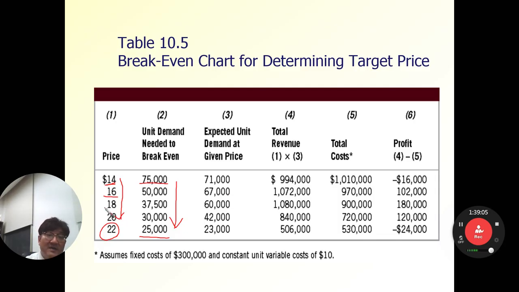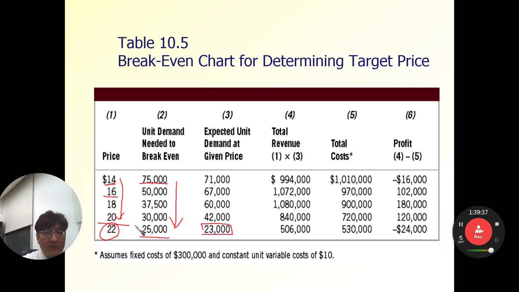When we increase the price to $22, the demand further decreases to 23,000. The break-even point is smaller at 25, however the demand decreases even further, so it becomes even smaller than the break-even point, which means we cannot reach the break-even point.